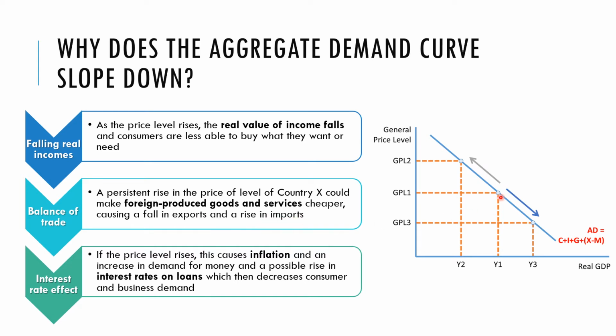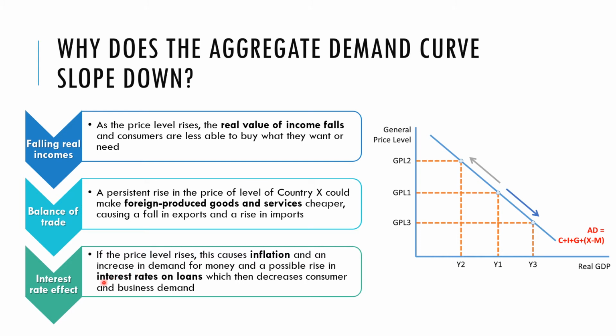And again, if the price level is rising, then we'd expect fewer and fewer exports, and that is falling demand within our economy, and more imports. Again, that's causing falling AD. It is this slope.